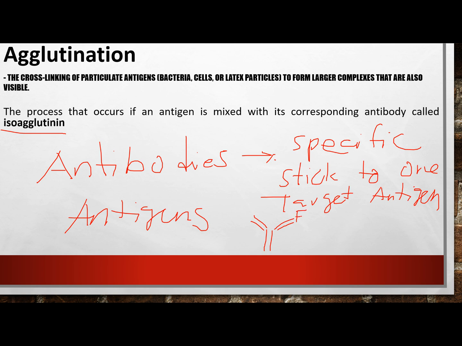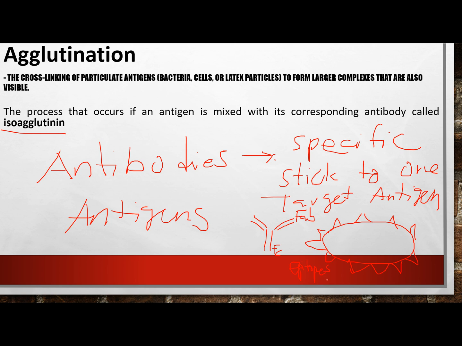The FAB part and the FC part. Now what happens here is that the FAB part will attach to its corresponding antigen. Let me give you an example. This is, let's say, a bacterial antigen, and on its surface, class, you would find certain receptors known as epitopes.